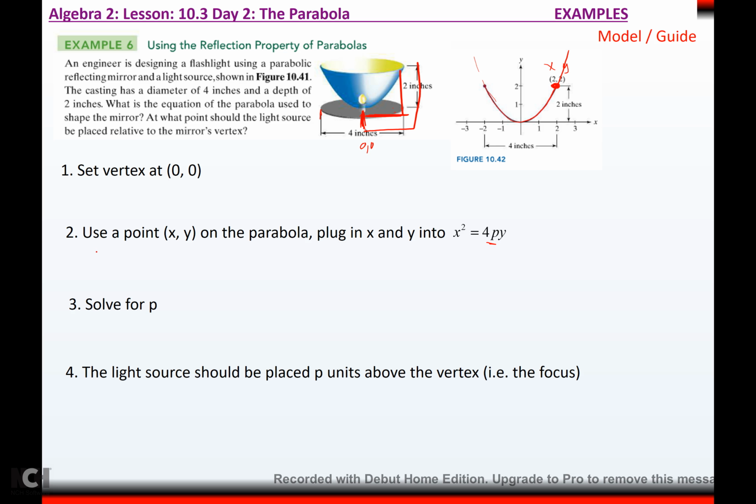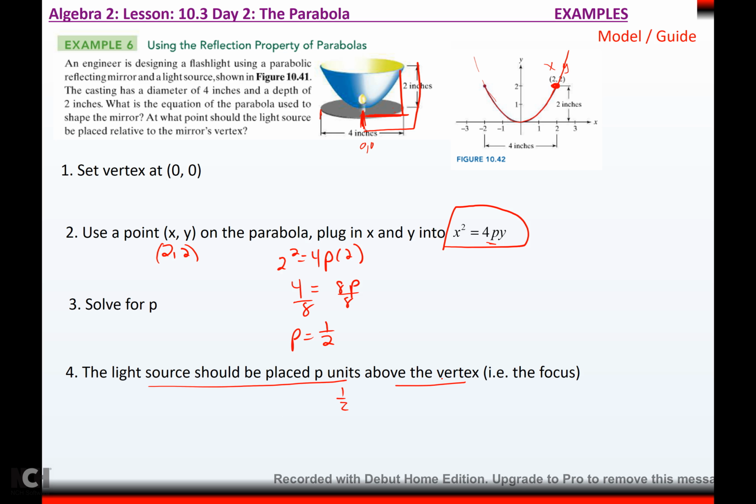Okay, so if I use the point 2, 2, and I use this equation, and I change my x to 2, and my y to 2, that's going to give me 4 equals 8p, divide by 8, and p equals 1/2, which means that the light source should be placed a half a unit above the vertex, whatever my units are measured in.